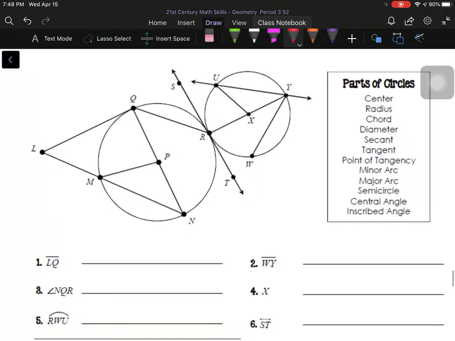Okay, so then if we label this LQ, LQ would be a tangent. LQ is right here. So erase that. Angle NQR, so NQR is this angle right here. So that'd be an inscribed angle.